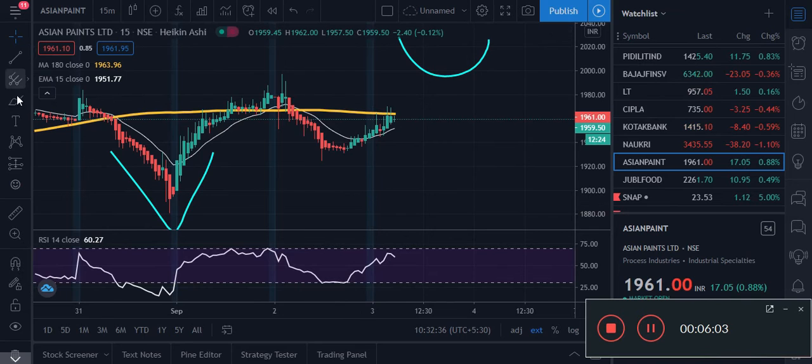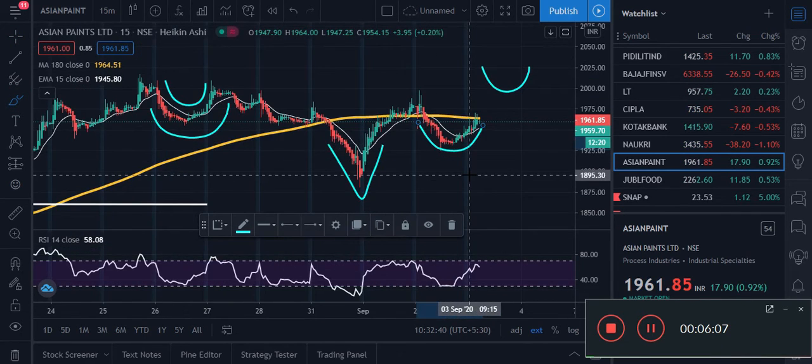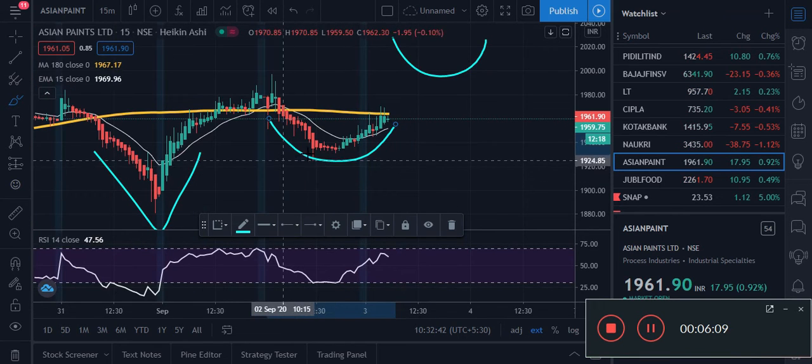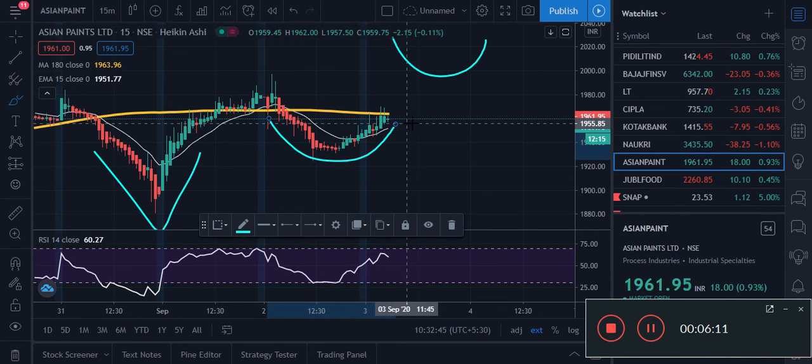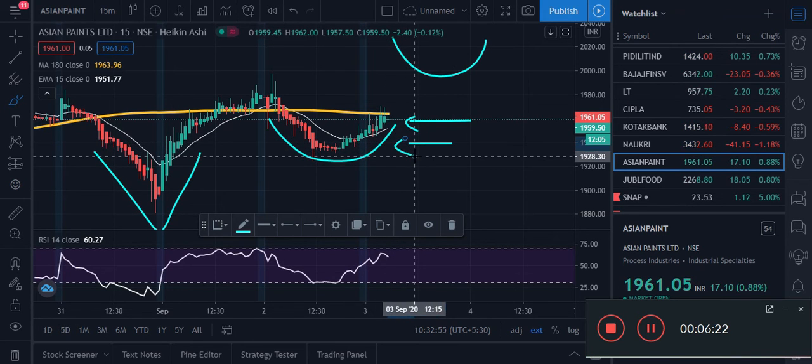Even here it's a nice cup and handle formation. What you're going to do here is wait for the confirmation. Once it reaches this stage is when you can start buying. This is when I would buy. Or I would do another thing: somewhere here I would put a part of my money, and when it reaches the confirmation I'm going to put in even more money and be fully invested.